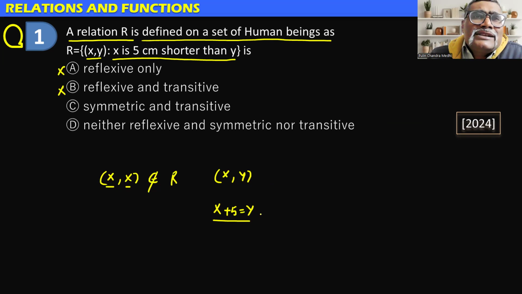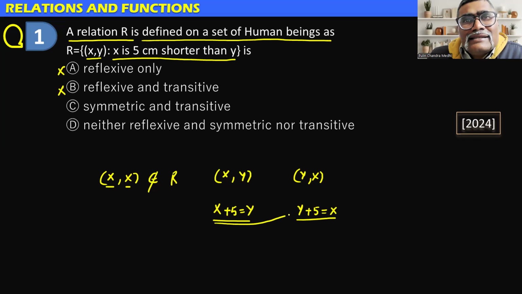So my relation for (x, y) should be x plus 5 equals y. Now, if I want to say that y is related to x, what should I get? I should get y plus 5 is equal to x. Now just think, can this result imply this? Not at all possible.